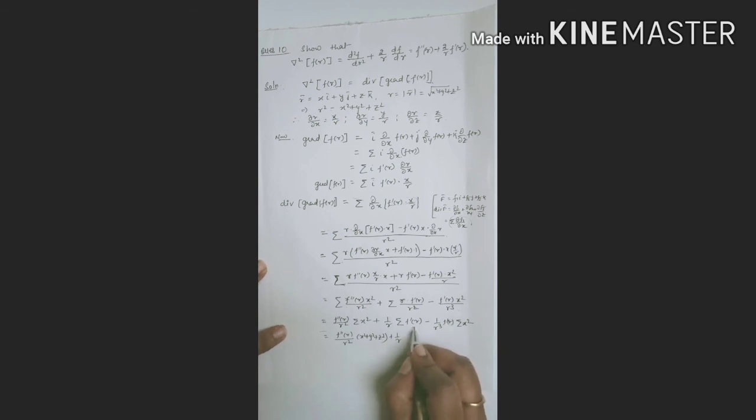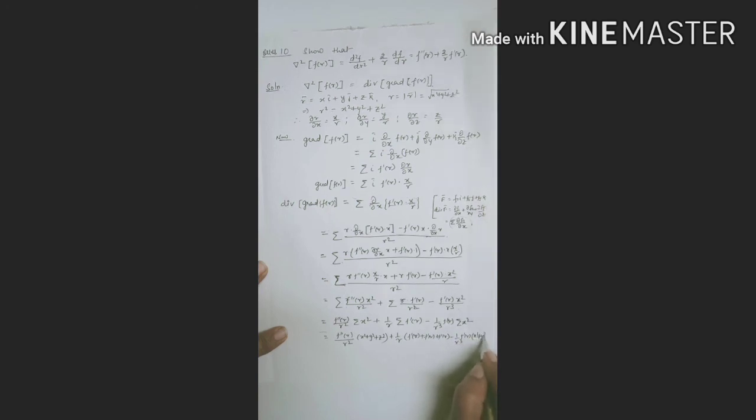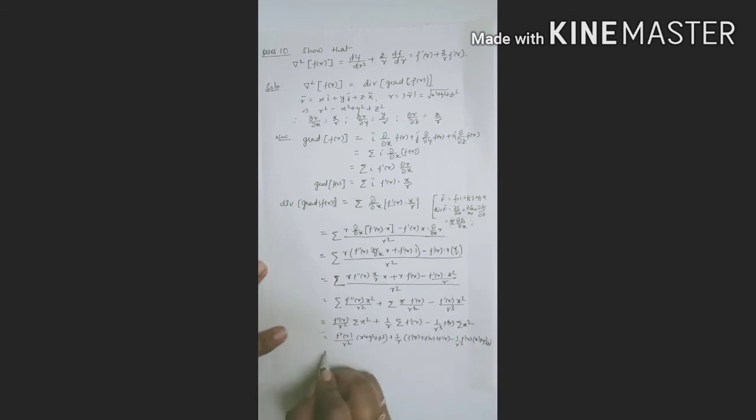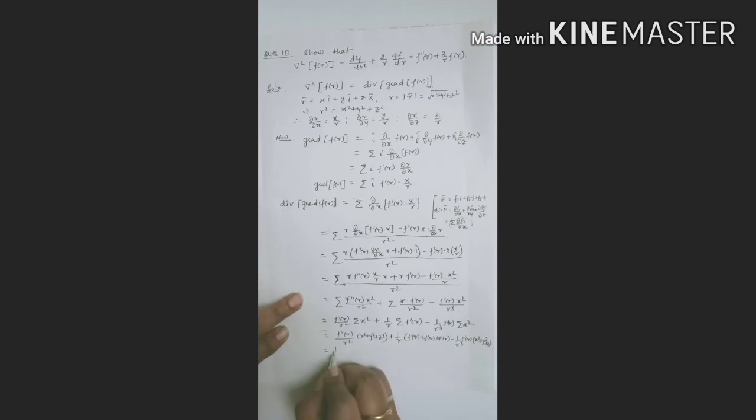There are no terms of x here, so this will be repeated 3 times. So f dash r plus f dash r plus f dash r, directly also you can write 3 times, and this is minus 1 by r cube f dash r, and this will be x square plus y square plus z square. Summation will be removed and you will be having x square plus y square plus z square.